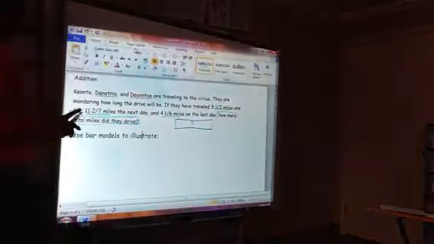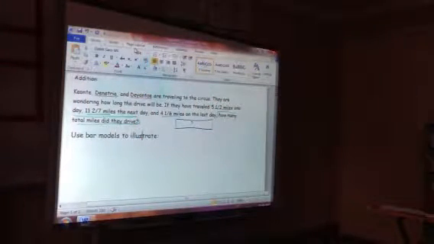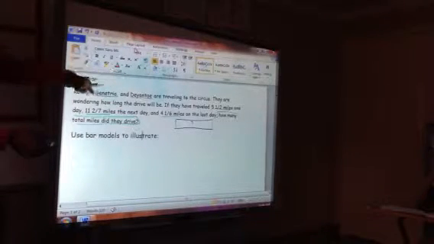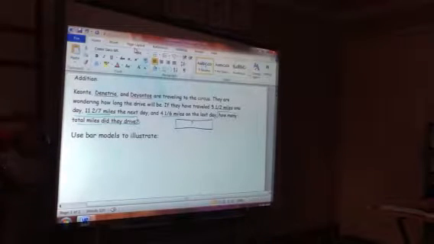Okay? What does C stand for? Circle the cracking the math code terms. Good, Soraya. Do you see any? Start from the first line. Keontae, Demetria, and Deontay are traveling to the circus. Any cracking the math code terms? No. They are wondering how long the drive will be. If they have traveled 5 1/2 miles one day, any cracking the math codes?